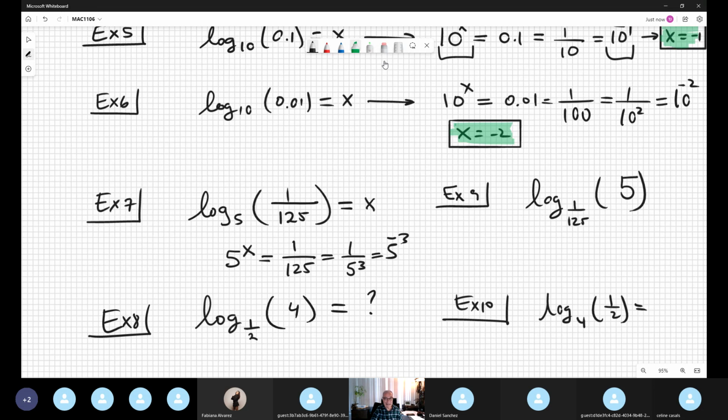It's obvious then that x is equal to minus 3. Cool? But I intuit this negative answer because this argument is less than 1 and this base is greater than 1. We have a contradiction, we have a negative exponent. No contradiction, positive exponent.